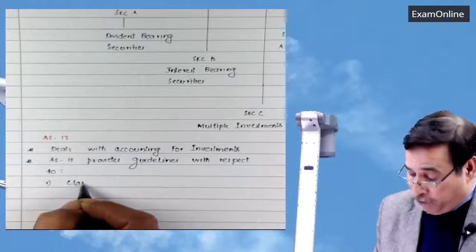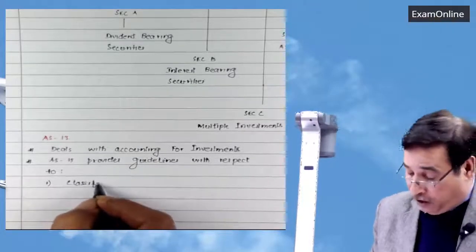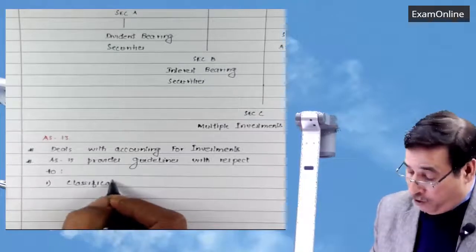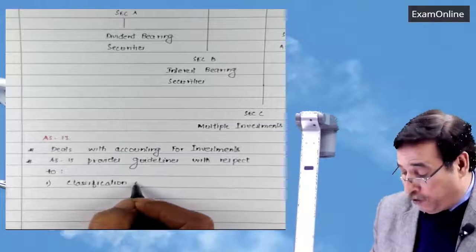When we make the investment, we need to categorize it, classify it into current and non-current. So how we are going to do that? Some guidelines are provided. Classification of investments.